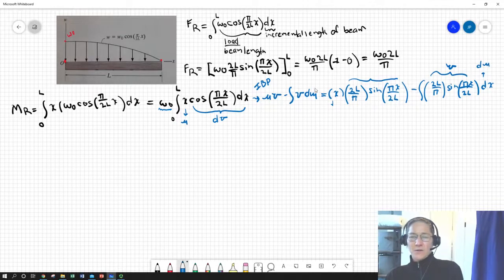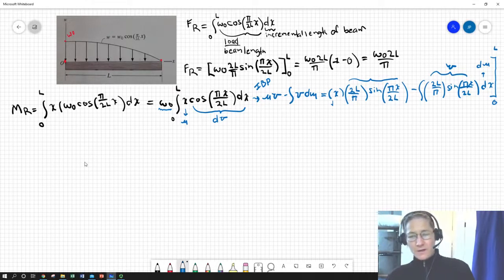And let's just take a quick check. uv minus integral of v, here's v again, du. Okay, and this is all going to be evaluated, we'll write this way over at the end, both the front term and the integral over our limits of integration. So we've got to remember to apply that to everything.